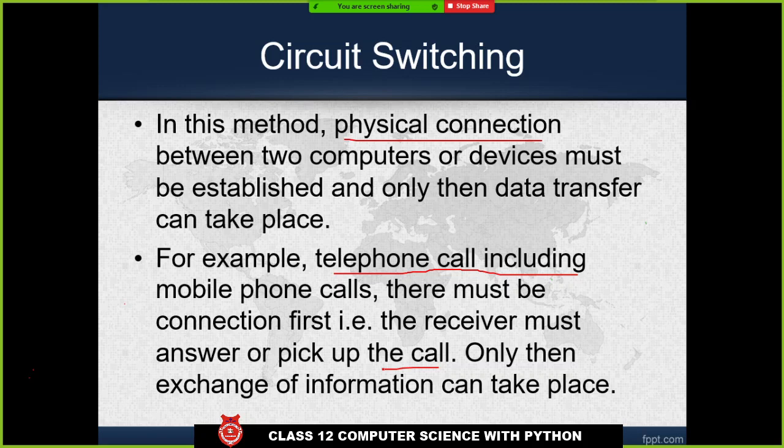Unless a connection is established, no exchange of information can take place. If I call my friend and he picks up, a connection is established and we can exchange our voice and talk to each other. But if that friend does not want to pick up, there can be no connection and no exchange of data between the two persons.